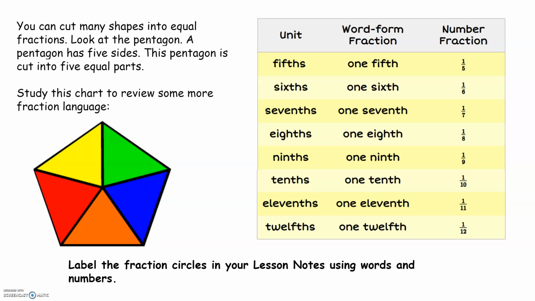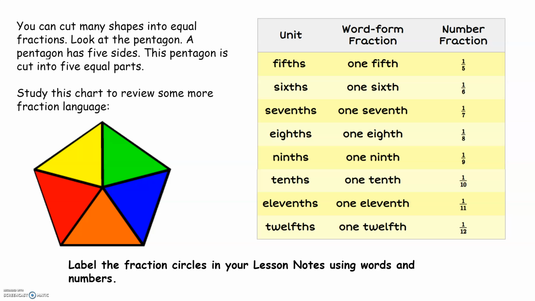In the first 2 pages of your lesson notes, you're going to find some fractions, pictures of fraction models, and then you're going to have a chart that goes with them on page 2. What you're going to do is label the shaded parts in the table on page 2. So you're going to look at page 1, fraction model number 1, and it is broken into 3 equal parts.